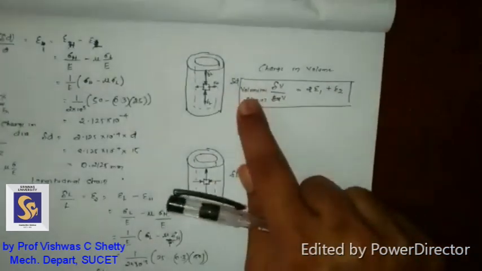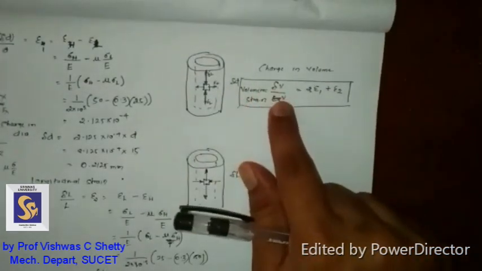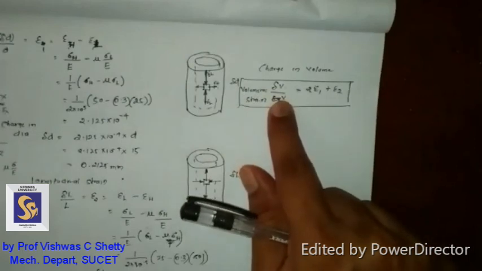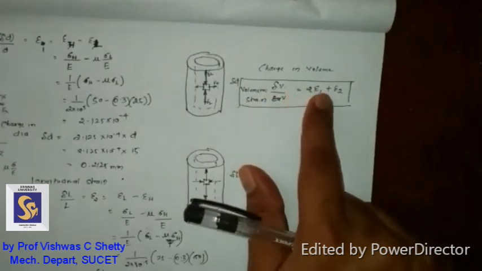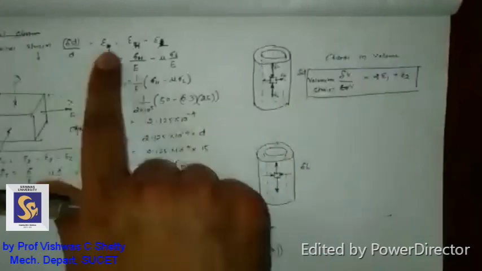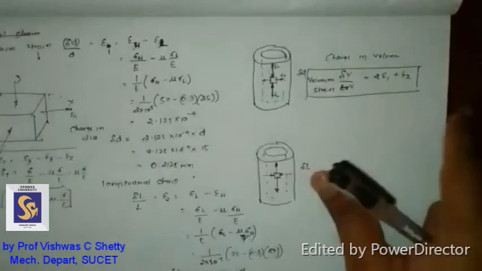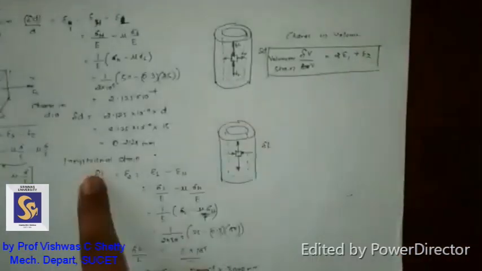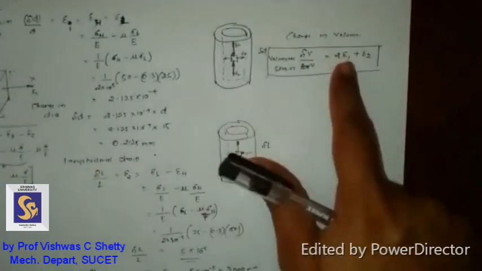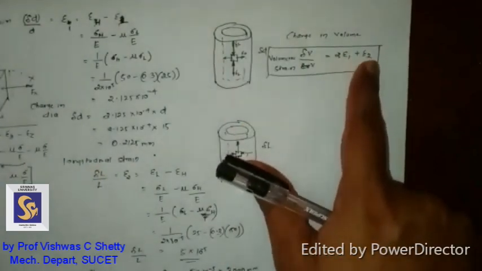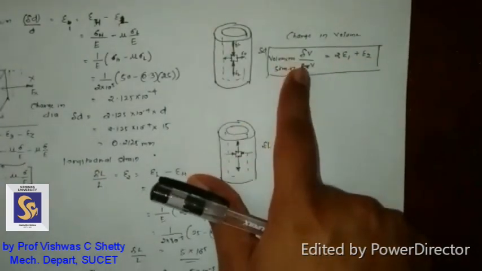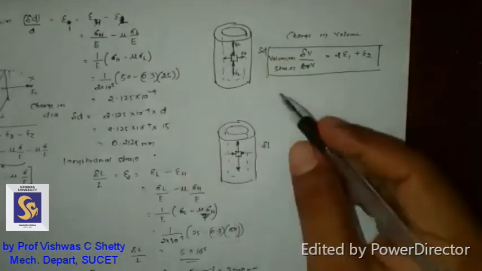All of you, it's okay? Volumetric strain, change in volume upon original volume, is given by 2 into epsilon 1 plus epsilon 2, where epsilon 1 is the diametrical strain and epsilon 2 is the longitudinal strain.